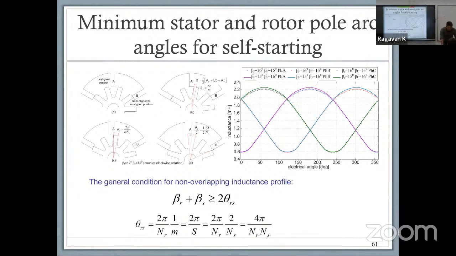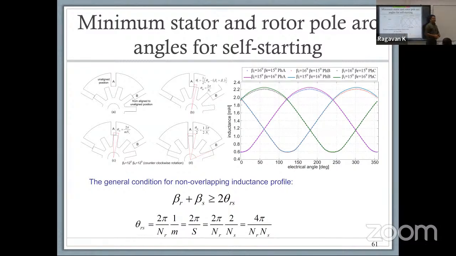So for this specific equation, we need to make sure that for a non-overlapping inductance profile, our generalized equation essentially is that the sum of the arc length of the rotor plus stator needs to be larger than this predefined threshold called theta RS, which is a geometrical function depending on the number of rotor teeth, number of phases, number of strokes, and number of stator teeth.